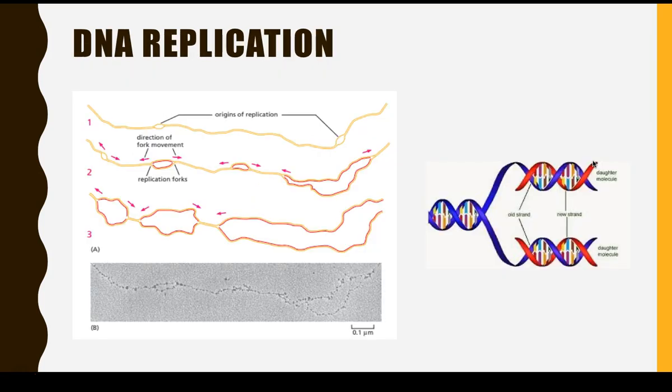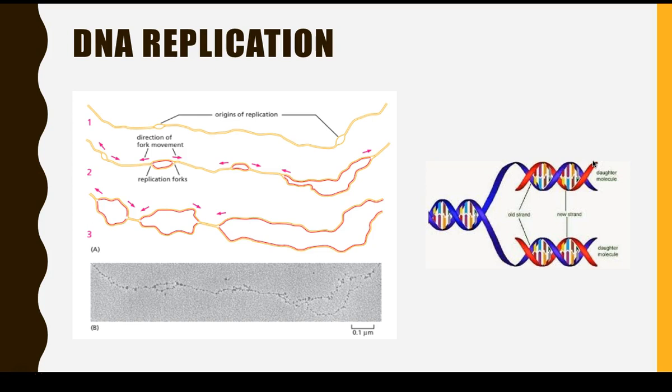Now that the organization and compaction of DNA is understood, the next thing to look at is how DNA is replicated. DNA replication is semi-conservative, so one strand is old and one strand is new. DNA replication starts with breaking hydrogen bonds, which is not an easy task.